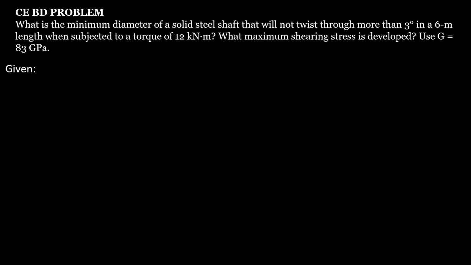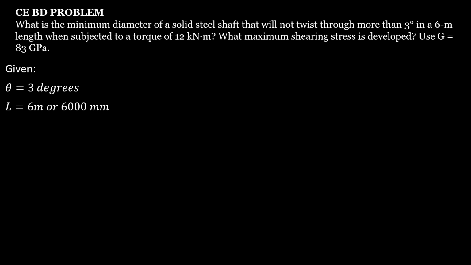For the start of our solution process, let us try enumerating first all the givens that we will use in solving the problem. Our first given is the angle of twist, 3 degrees, wherein we are about to convert it later to pi radian.